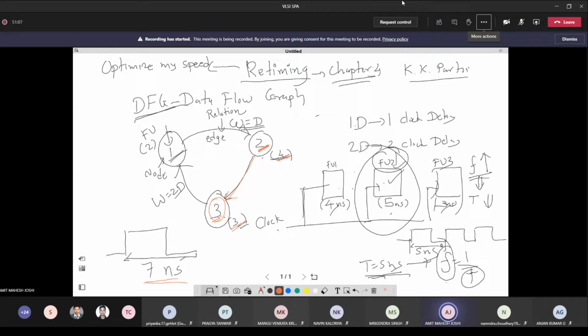This node 3 will take 3 nanoseconds, then after a delay of 2 clocks, it will provide the data to node 1. So here there is no restriction because there is a difference of the clock.